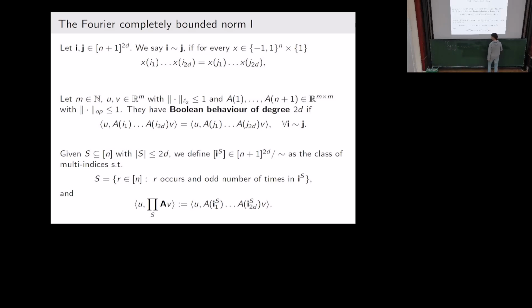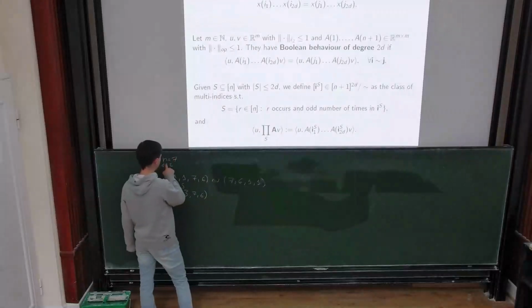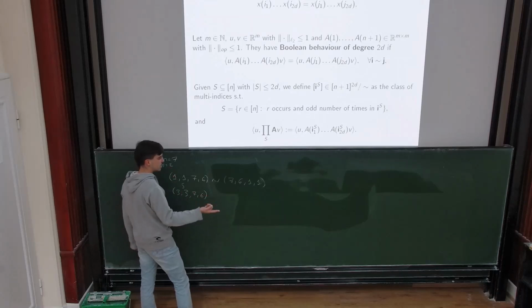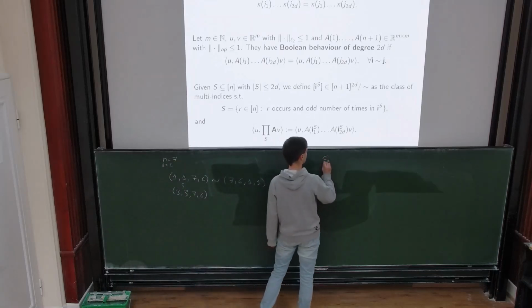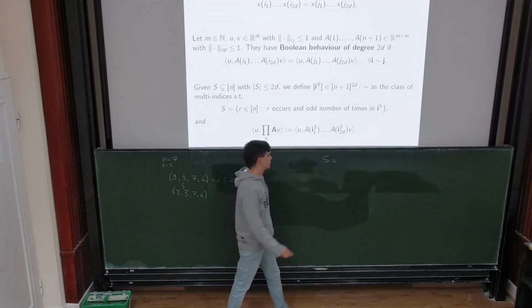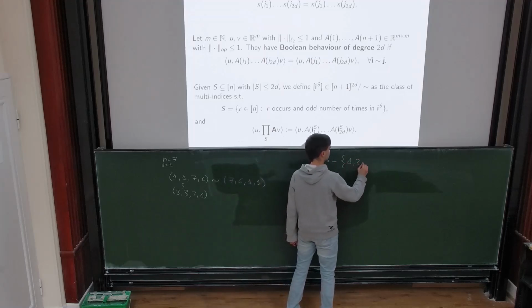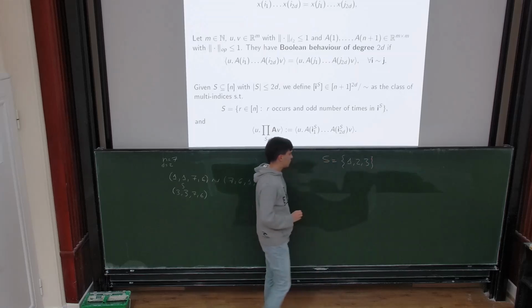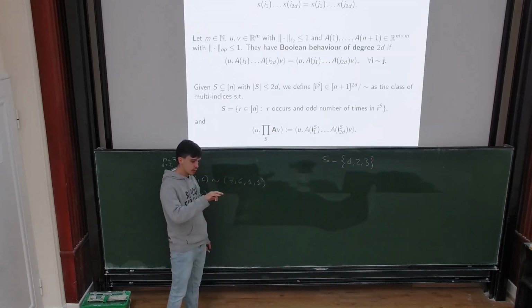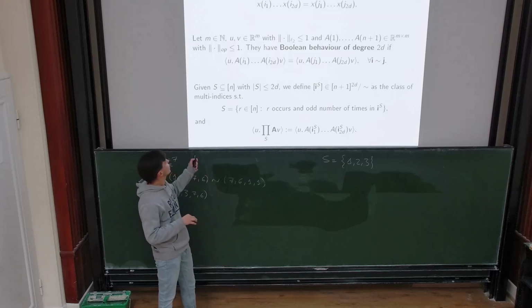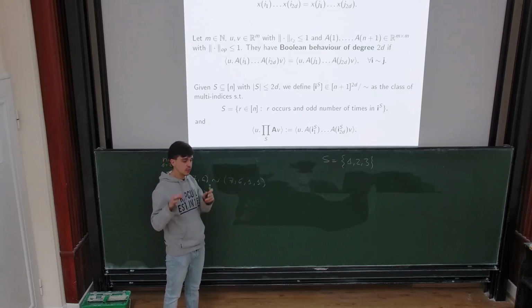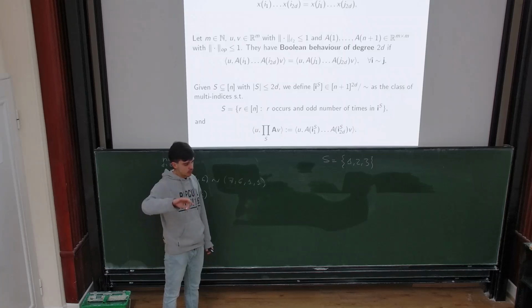So let's go back to the example here. So n is 7, d is 2, and let's say that S is 1 to 3. So what we're going to say is that for every one of these vectors, we're going to assign a set from the numbers from 1 to n, where that set is the set of elements that appear an odd number of times in this vector.